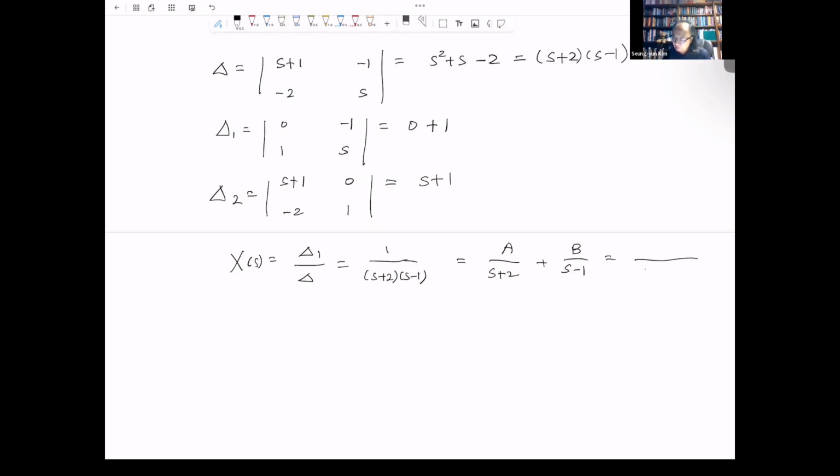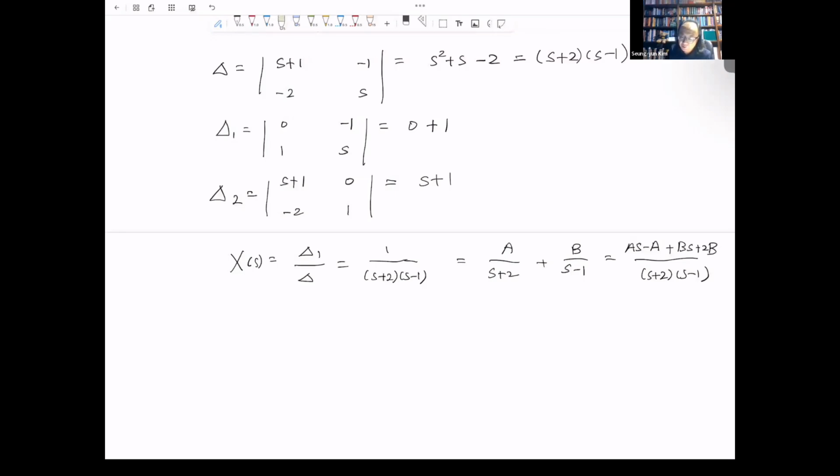Have a common denominator, (s plus 2)(s minus 1). For the numerator, A times, I have s plus 2, so I need s minus 1. So As minus A. For the B term, I do have s minus 1 in the denominator, so I need s plus 2: Bs plus 2B.